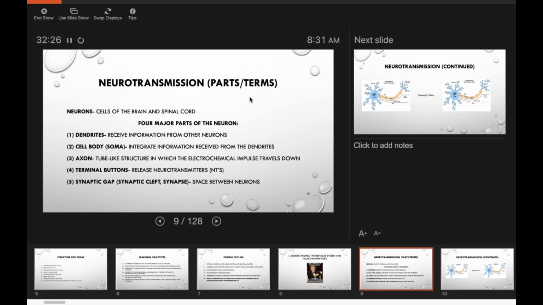Boom, it goes into the synaptic gap, or the space between Cindy and I. Cindy takes it in through her finger-like projections, so she's receiving that info.